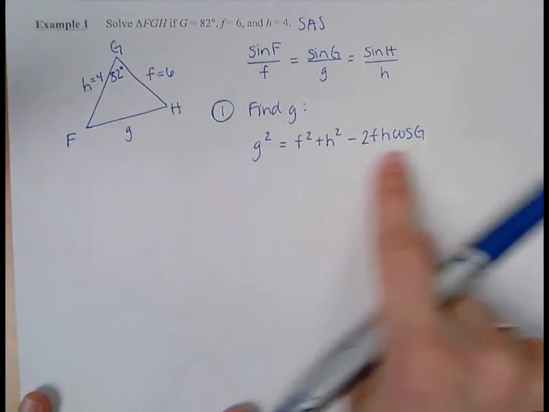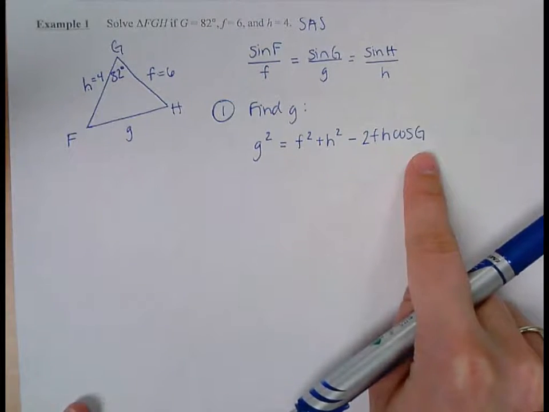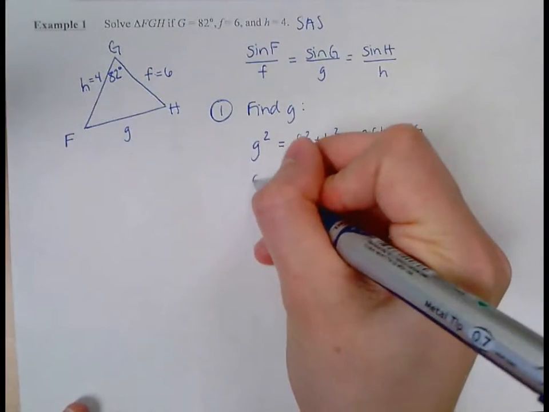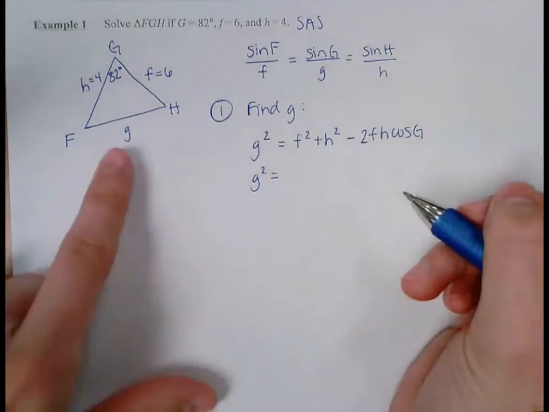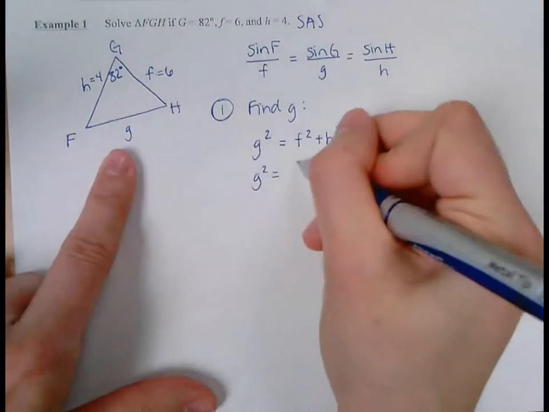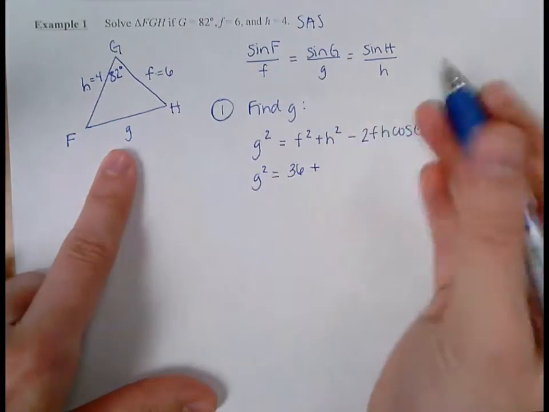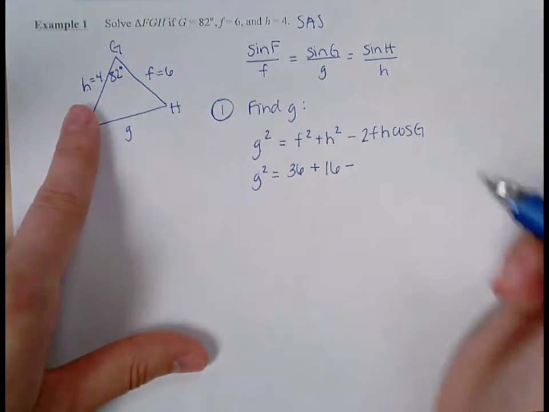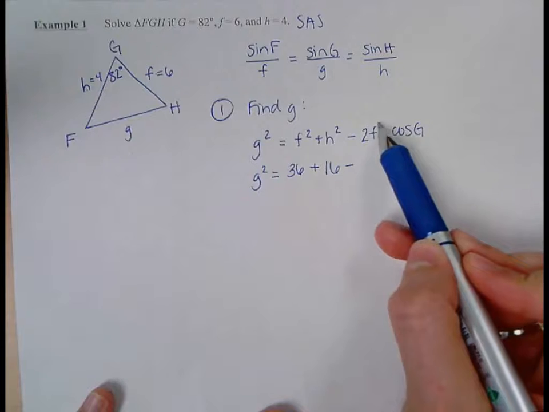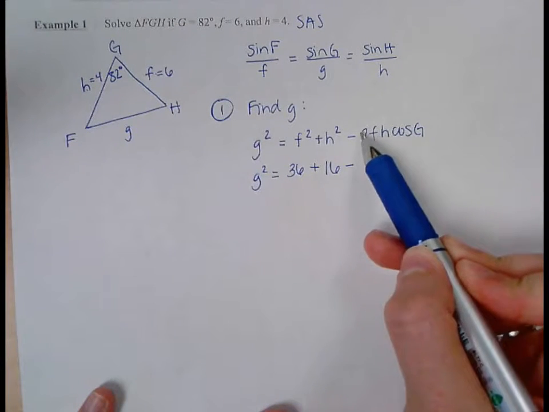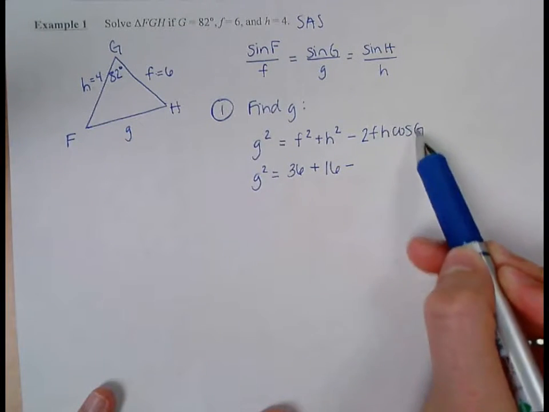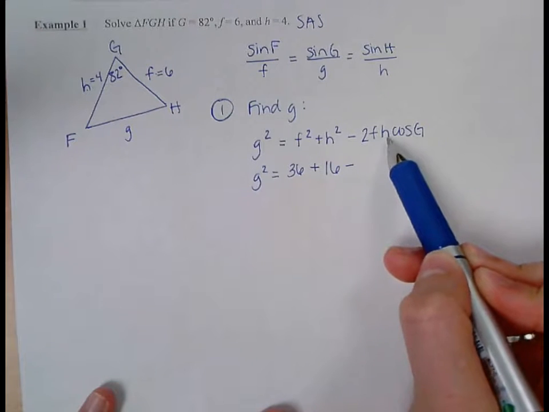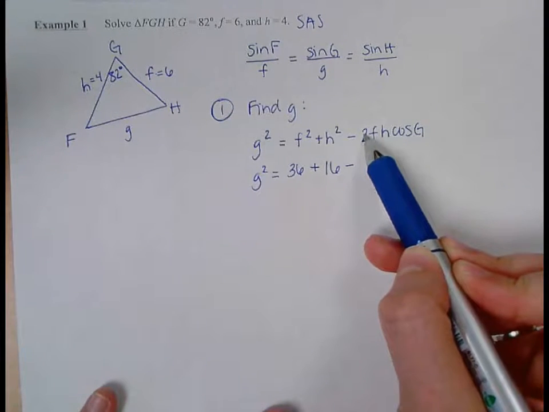So now, with this variation, I can substitute in what I know. So I have G squared equals, since F is 6, F squared is 36, plus H is 4, 4 squared is 16, minus, I'm going to multiply 2 times F times H right away. It is multiplied by cosine of G, but I'm just simplifying a little bit as I go.